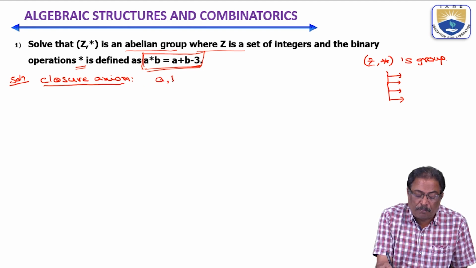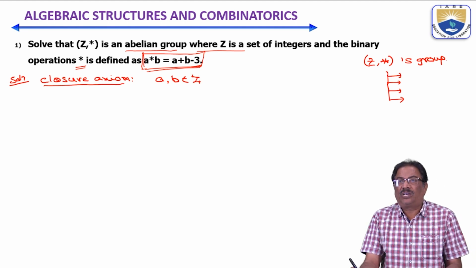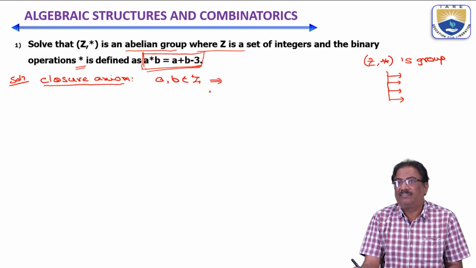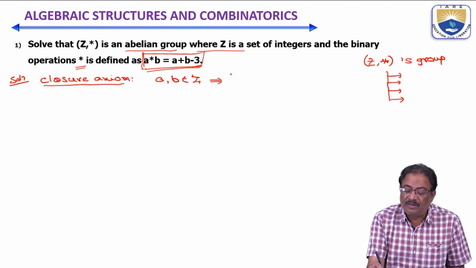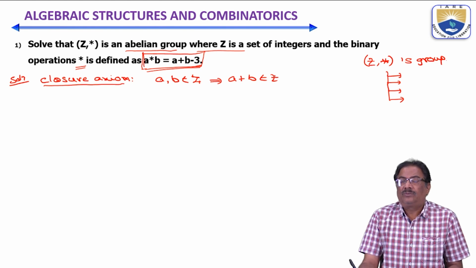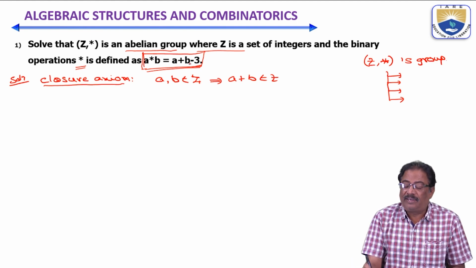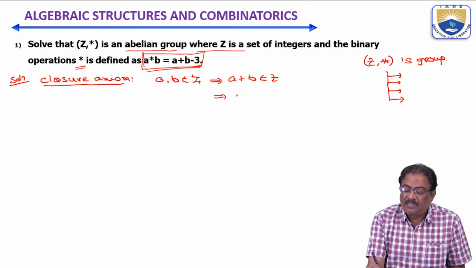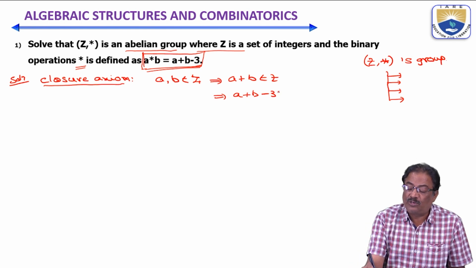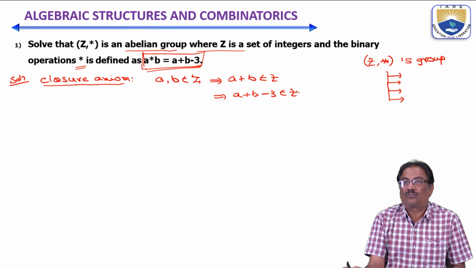I am taking A and B, which are elements in Z. Then obviously A and B are integers which belong to Z. Then A plus B is also an integer. So this also belongs to Z. Now 3 is also an integer. Then A plus B minus 3 is an integer, since subtraction of two integers is again an integer. So this also belongs to Z.